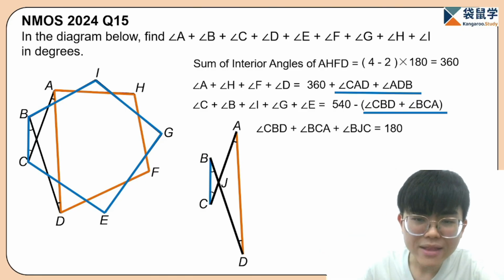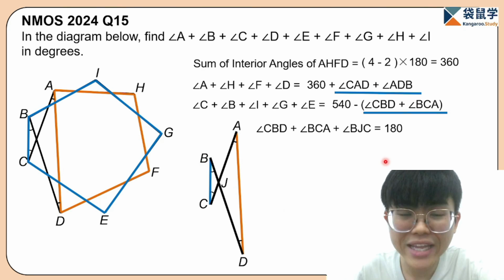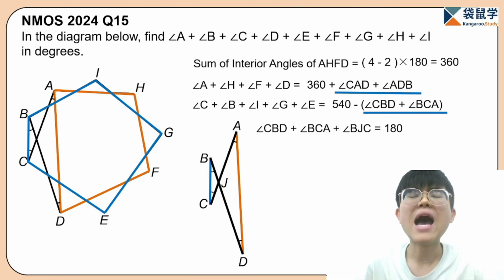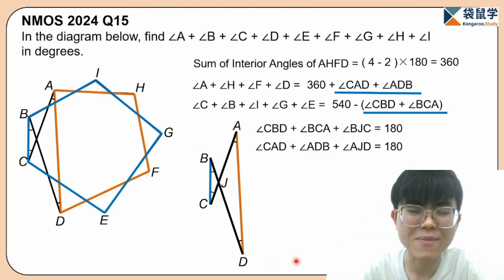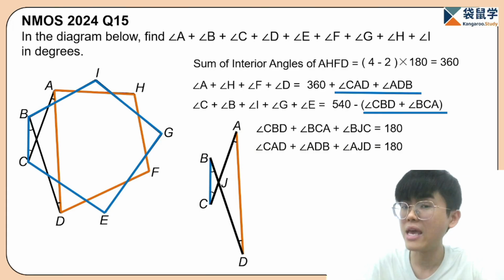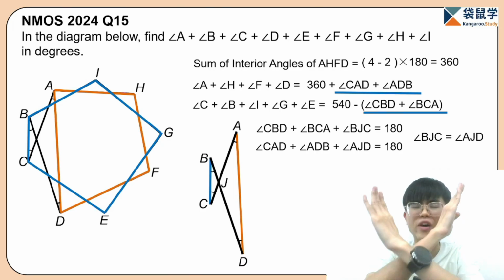Everyone, you see that CBD and also BCA plus BJC, this is 180 because it's a triangle. Other than that, we say that CAD, ADB and AJD, this is also 180 because this is also a triangle. Okay? Everyone, you see, again, BJC and AJD, this is also the vertical angle.